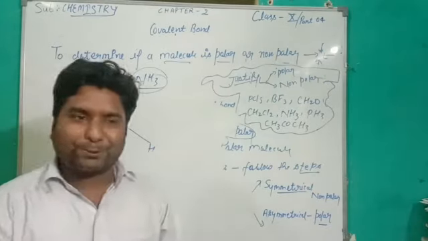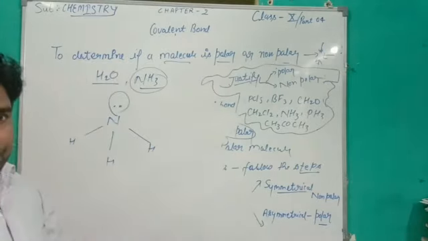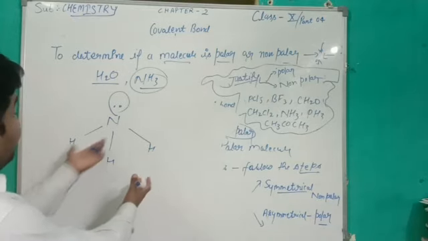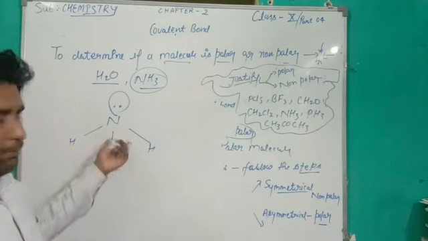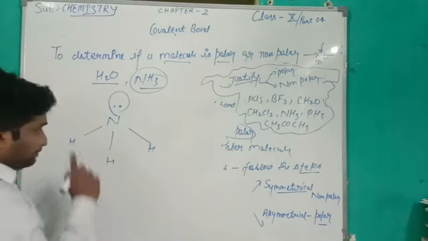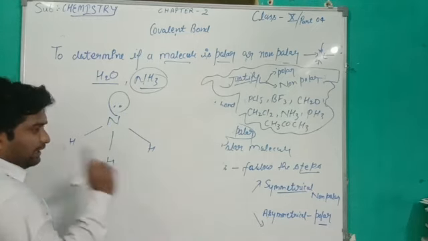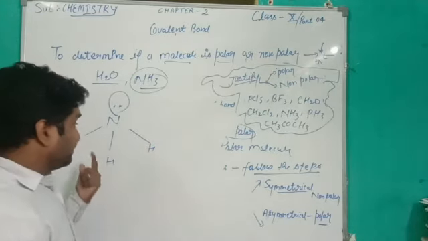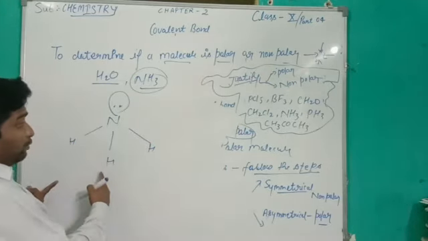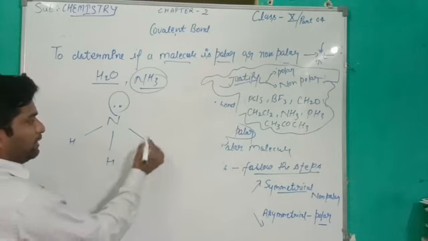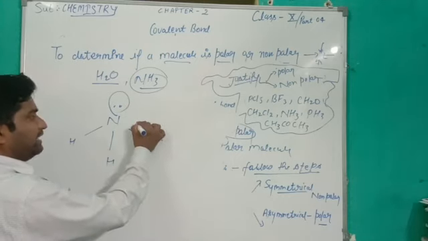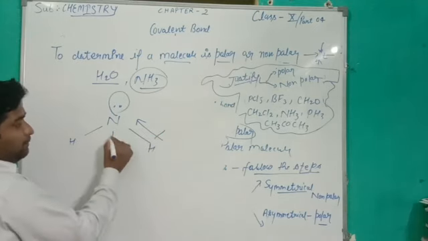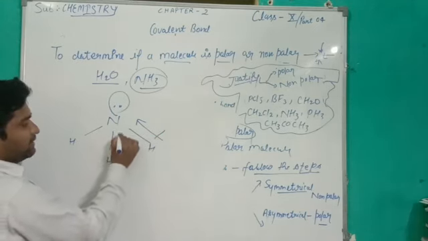If there is one polar covalent bond, the molecule is polar. If there is one non-polar covalent bond, the molecule is non-polar. But here more than one polar covalent bond is formed. So look here. Next step: show the direction of the polar covalent bonds. In this case, the direction of the polar covalent bond is like this.